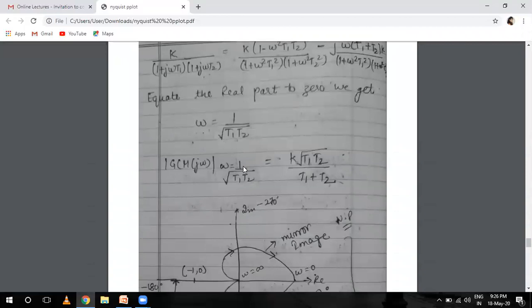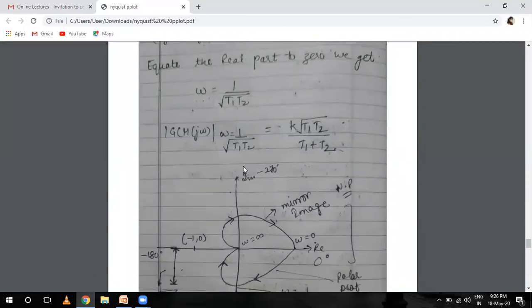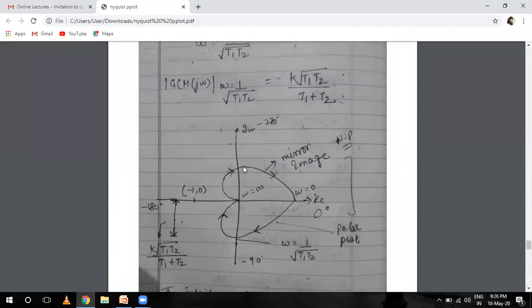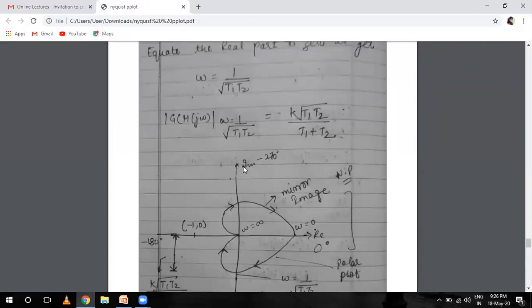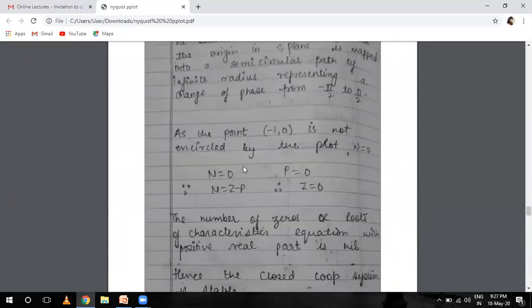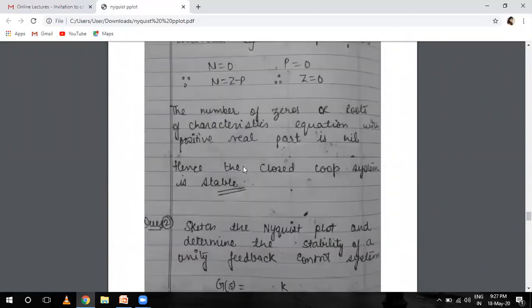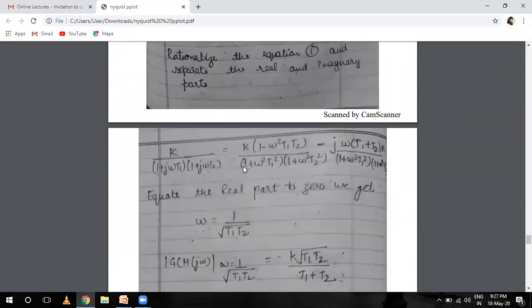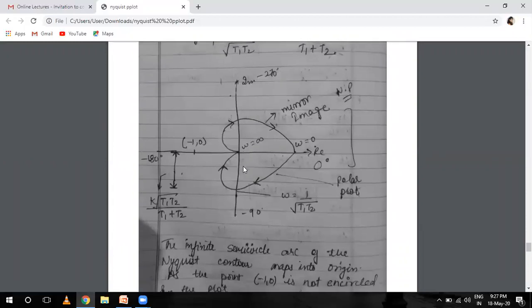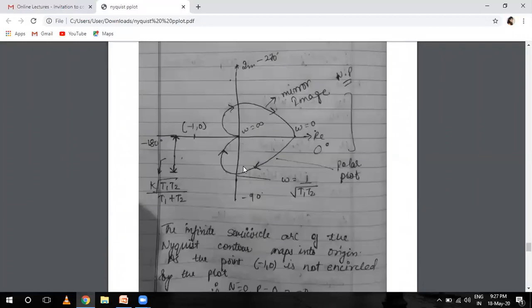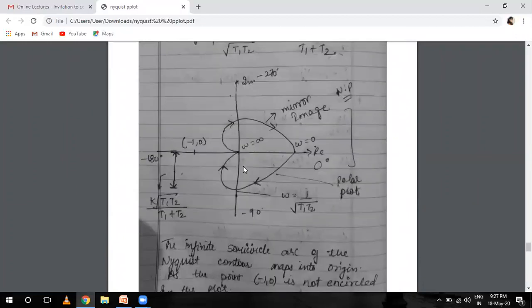This is the value. Now how to plot? We saw that the angle is varying in this manner, from 0 to 90 and up to 180.